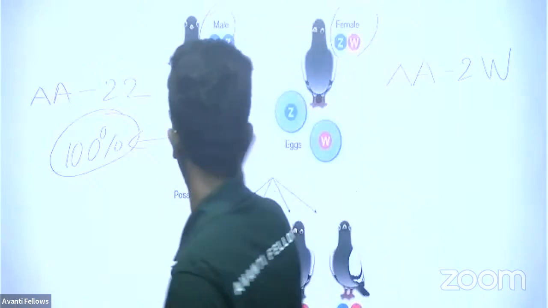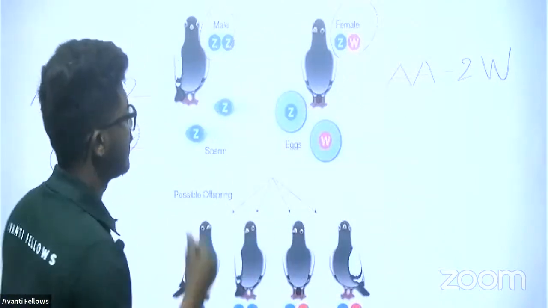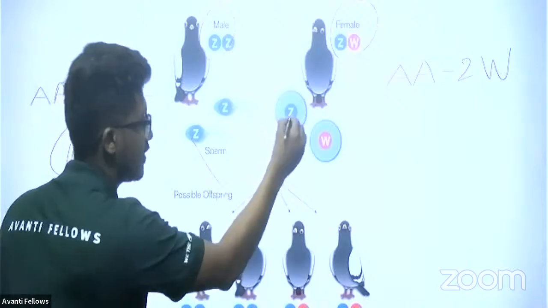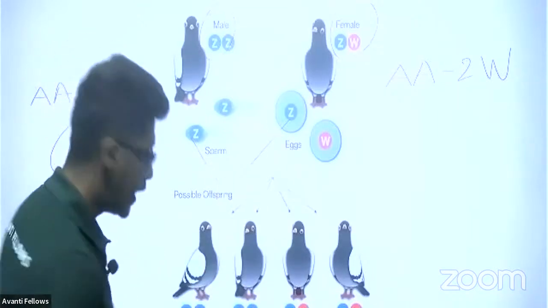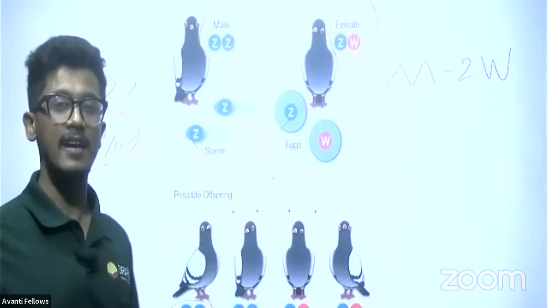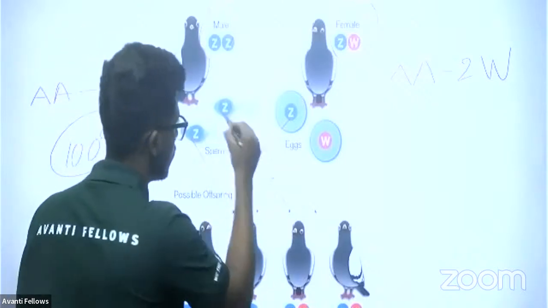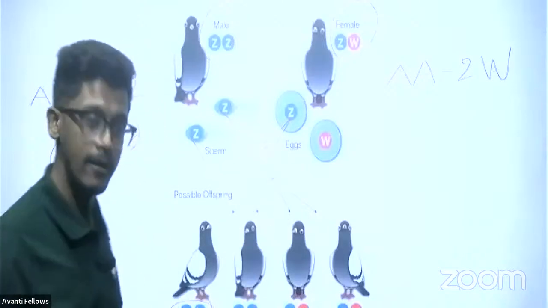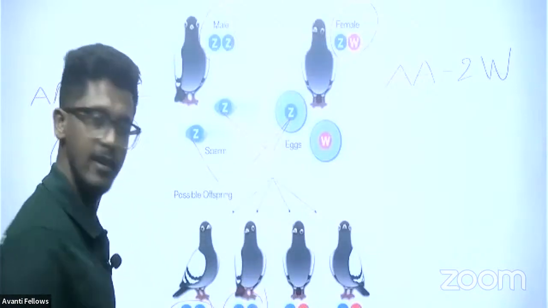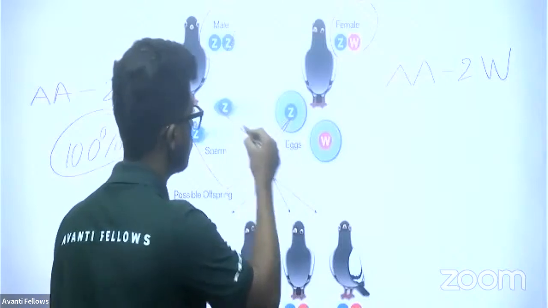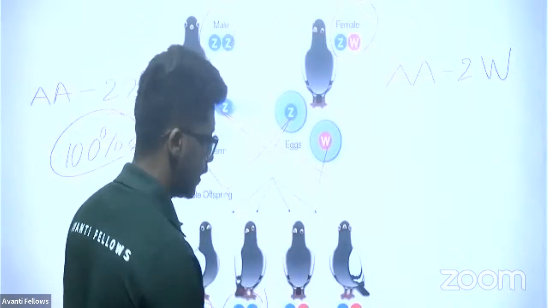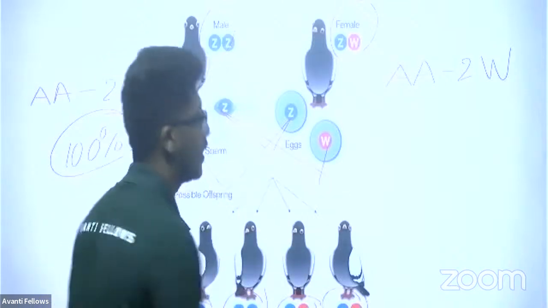The chances are, if a Z sperm goes with a Z egg, what does it give us? It gives us a ZZ baby. The ZZ baby is what? It's a male bird. Again, when the Z sperm goes with a Z egg, it gives again a ZZ baby, again a male. Whereas when the Z sperm goes with a W egg, it gives us a female bird.